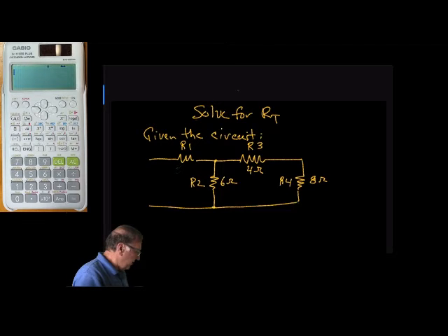So first of all, let's look at a series parallel resistor question. In this circuit, we want to solve for R sub t, the total resistance of the circuit. So given this circuit, we have our 4 resistors. And so the first thing we do to simplify this circuit is to draw a box around these 2 resistors here.